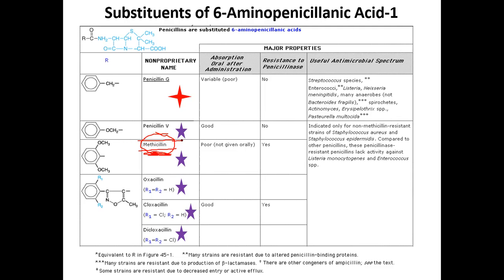Ladies and gentlemen, I will close the lecture for now, and then I will proceed when we meet next, so I can close the loop on these beta-lactam antibiotics. Okay? Any questions?